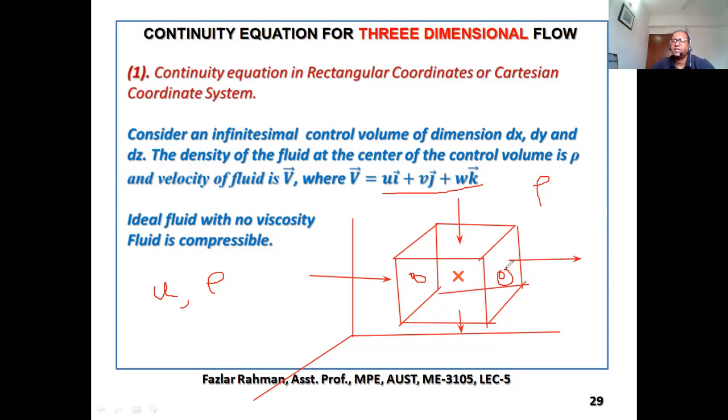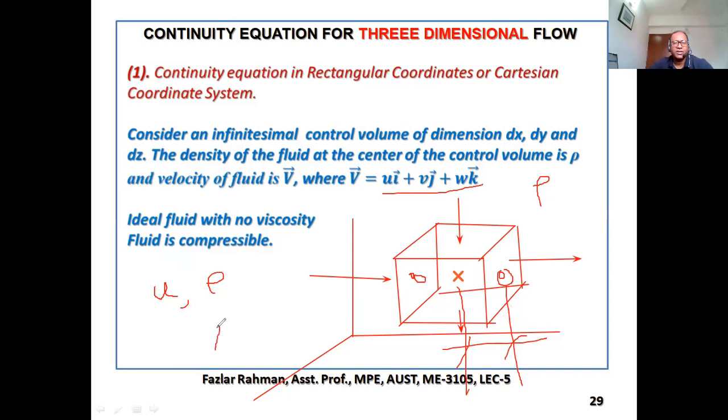How can I figure out the velocity at this point? Again, by Taylor series. In that case my h is this much distance, dx by 2. From here I can figure out the velocity and density of the fluid at the inlet and also at the outlet. We know the outlet area: multiply dy by dz and you get the area.